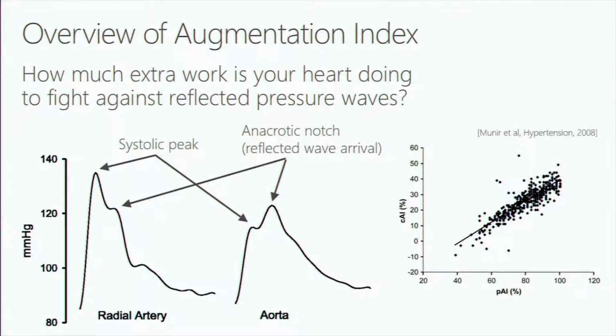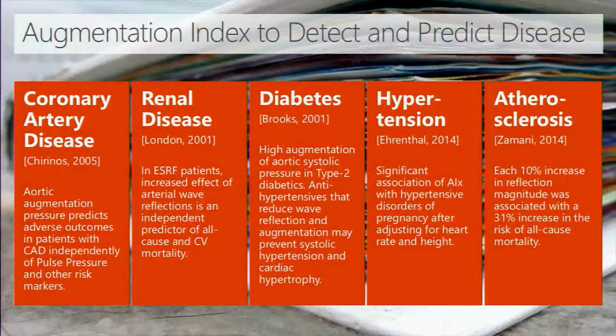And again, it suggests a form factor that we can pack this into, in which we can continuously measure these fairly key metrics out in the real world. So augmentation index, similarly, don't worry too much about the details, but is very well correlated to various of the conditions we care about: coronary artery disease, renal disease, diabetes, hypertension, and so on.